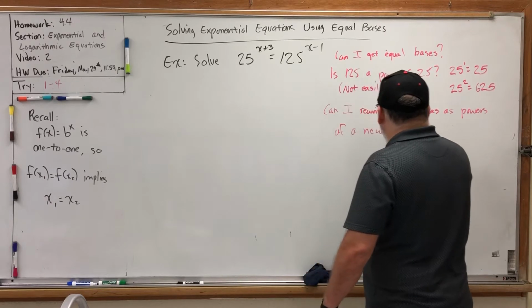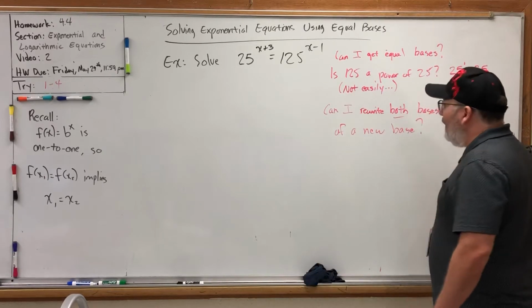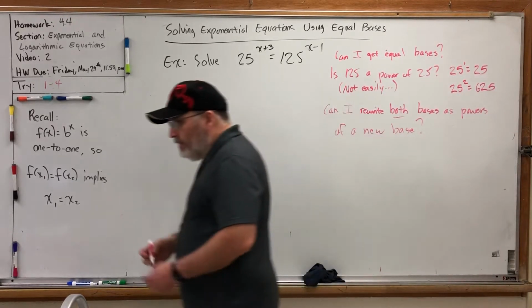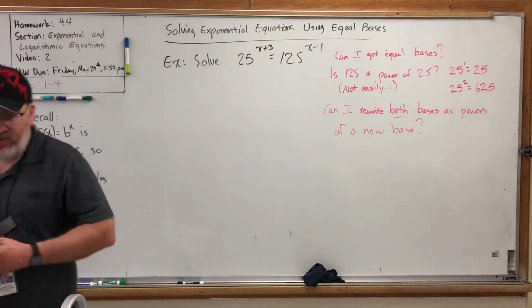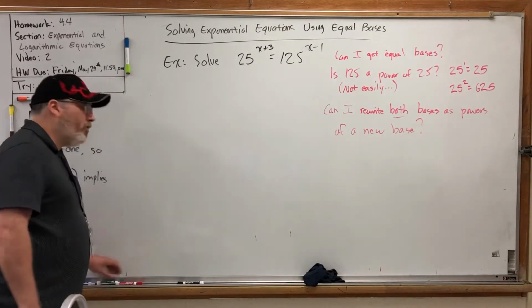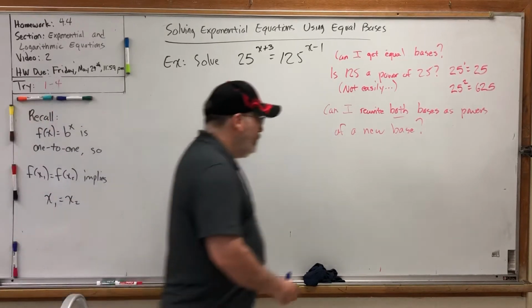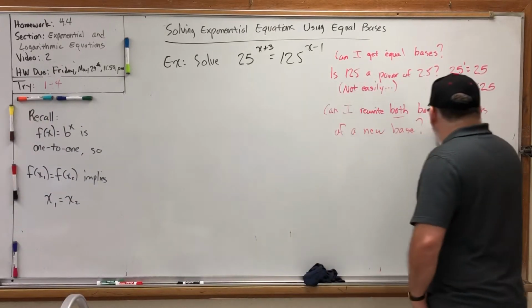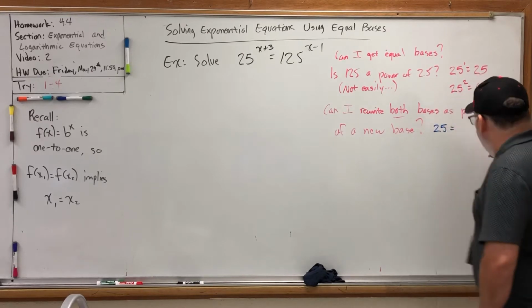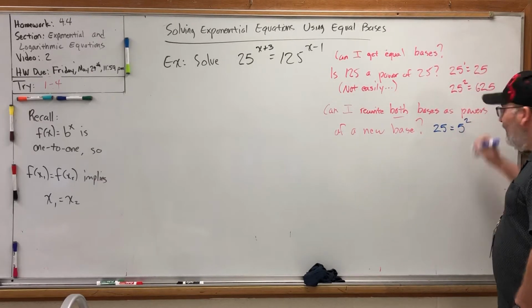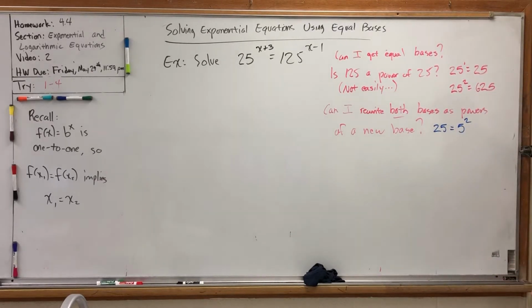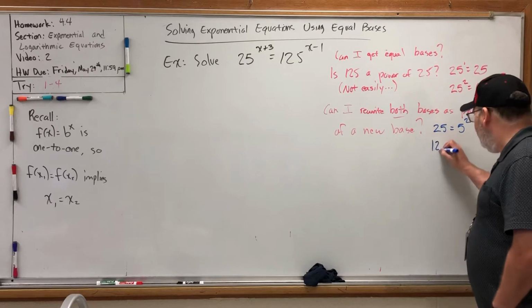In other words, I can't write one as a power of the other, so can I write both of them as powers of a new base? If you go down that path, you should start with the smaller of the two. For example, 25 is pretty transparently 5 to the second power. So I can write 25 using a base of 5. Can I write 125 using a base of 5?